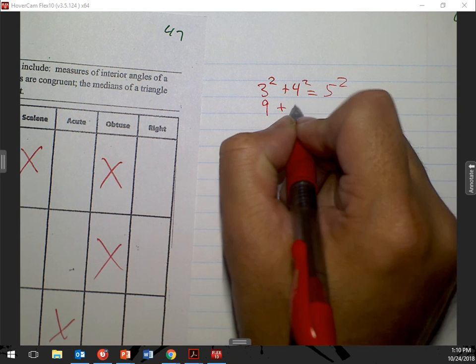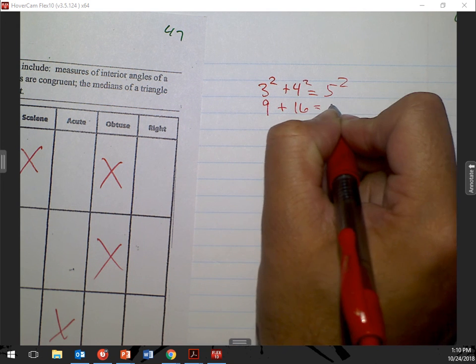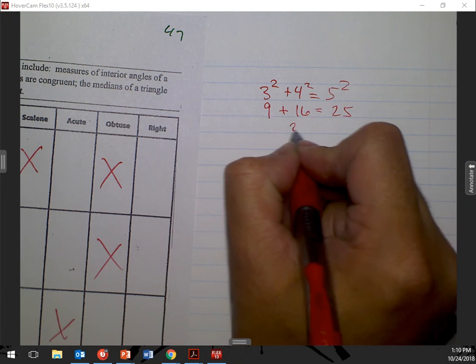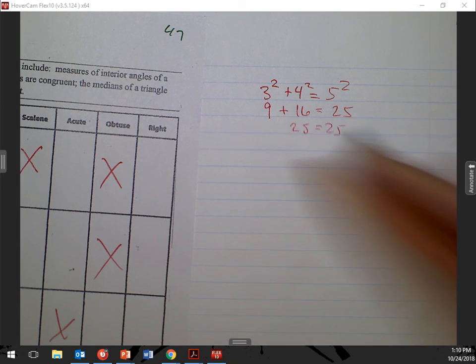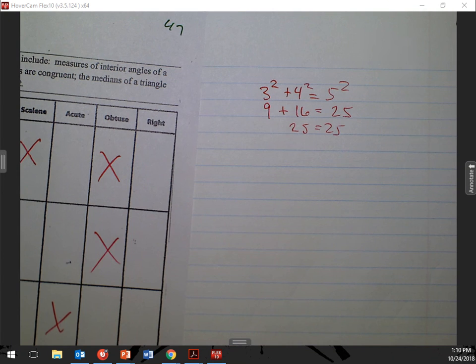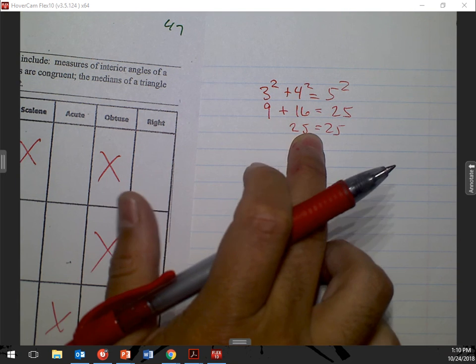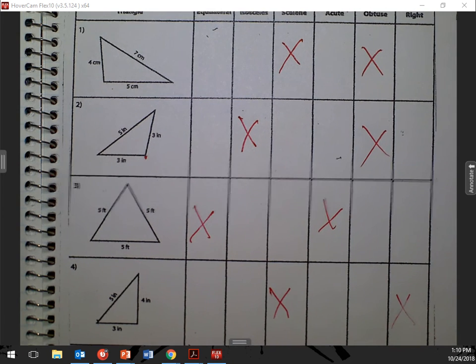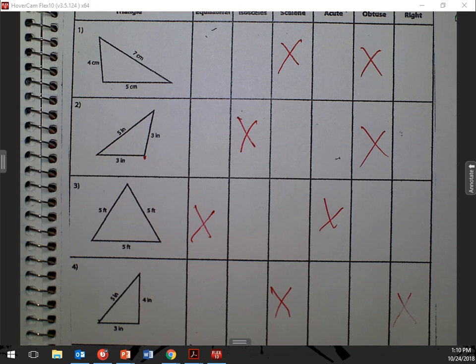What's 4 squared? 16. What's 5 squared? 25. Add 9 and 16. 25. So is 25 equal to 25? Yeah. So if that's equal, then that means this is a right triangle. I'm just introducing that part right there because we will have more of that later.